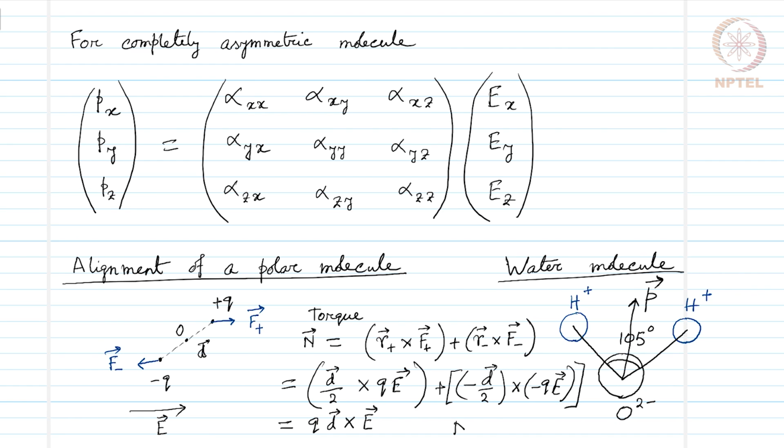In other words, the torque N is given as the dipole moment cross product with the applied electric field.